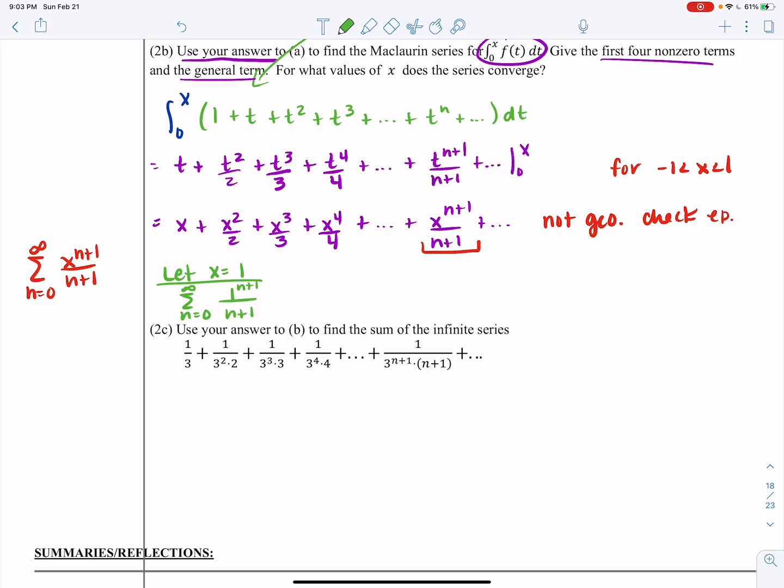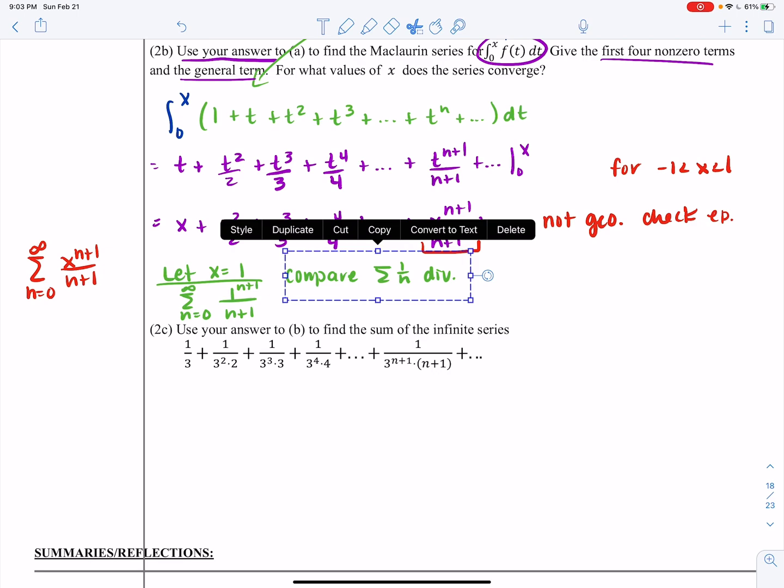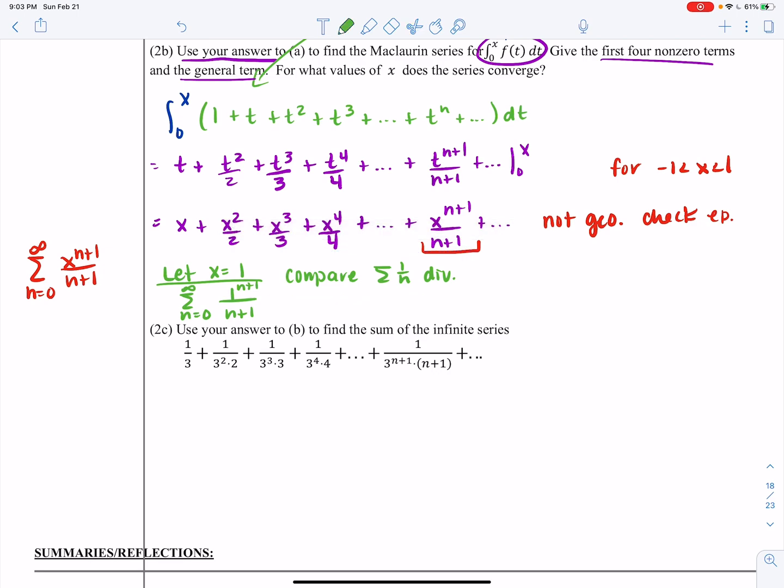Well, that's not that exciting. If I compare this to the series 1 over n, which we know diverges, and if I do limit comparison, and I know I don't have a ton of room, but I'm going to squeeze it in here. Let's do limit comparison. I'm going to take the limit as n approaches infinity.